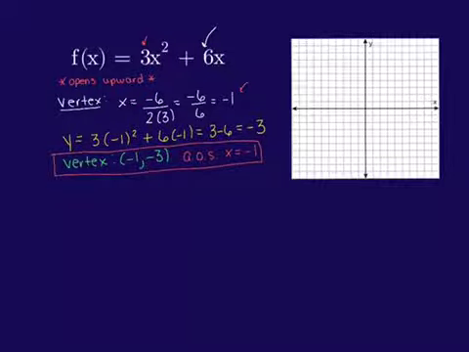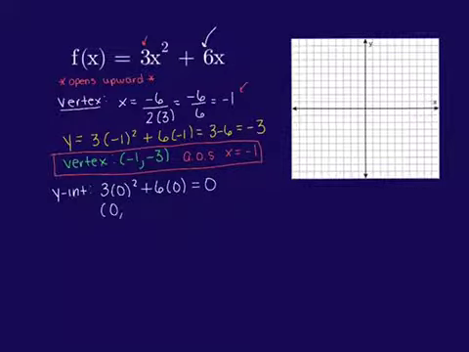So now that we have those, we can find our y-intercept by simply replacing x with 0. So when we do that, everything just becomes 0. So our y-intercept is at 0, 0.